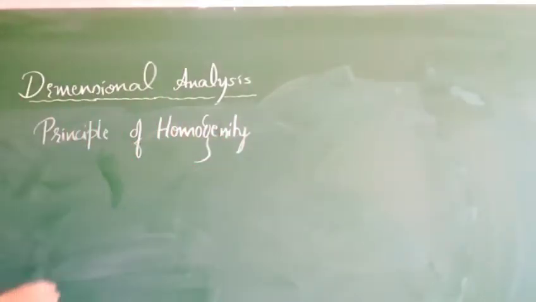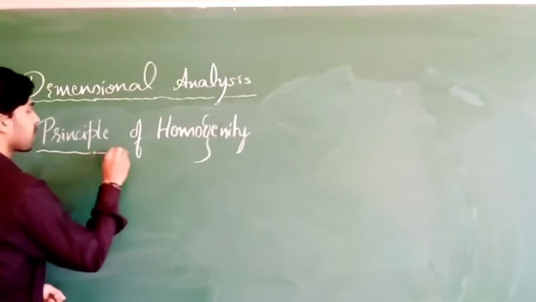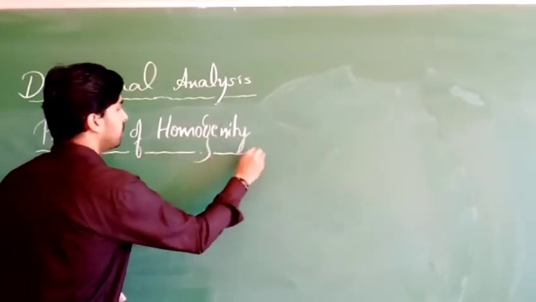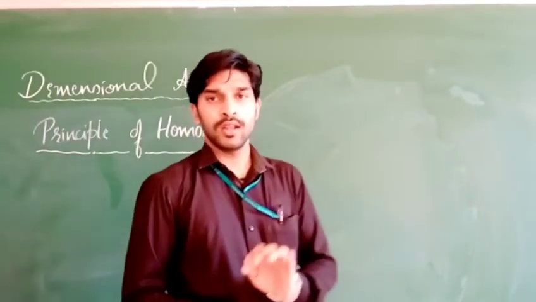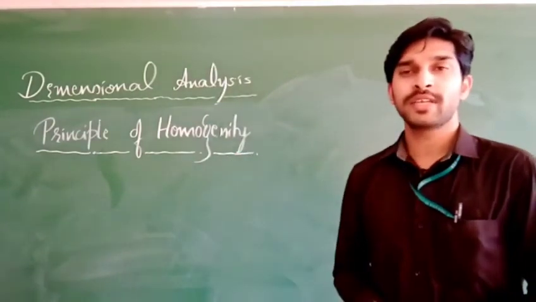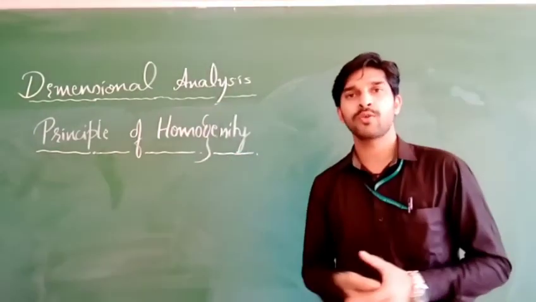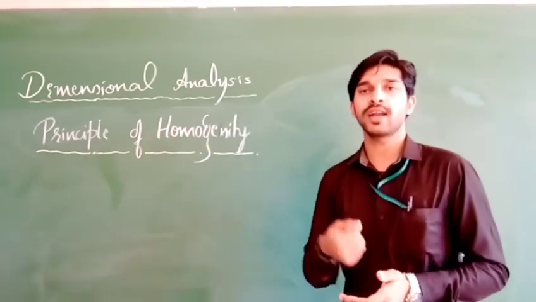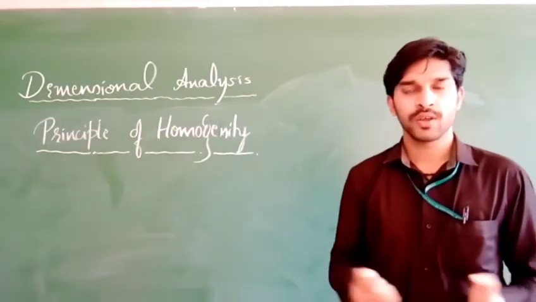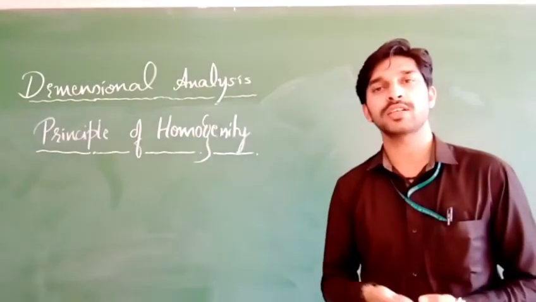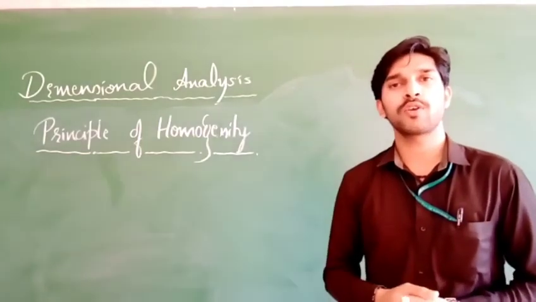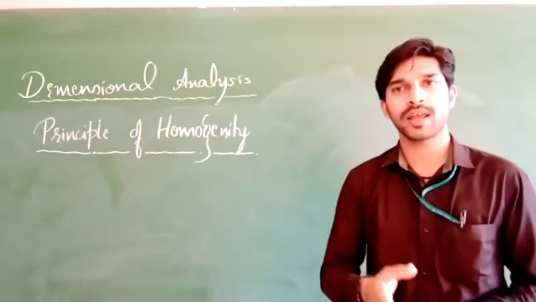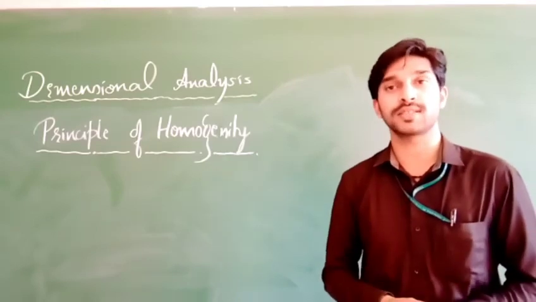The principle of homogeneity. Imagine a basic situation. You have two masses in your hand, one of 5 kg and another of 10 kg. You can add these two physical quantities because both have the same characteristic; we are going to measure mass.